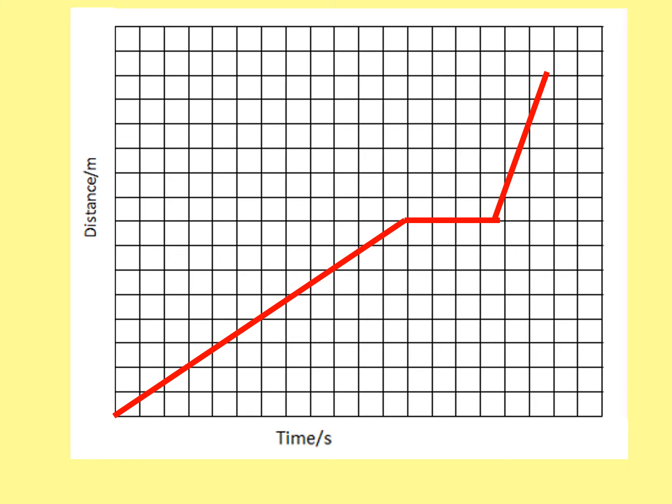So from here to here is section 1. From here to here is section 2. And from here to the end is section 3. Okay, so I can see, because there is a gradient, because this line is diagonal and not flat, that this object has some speed. It's moving.